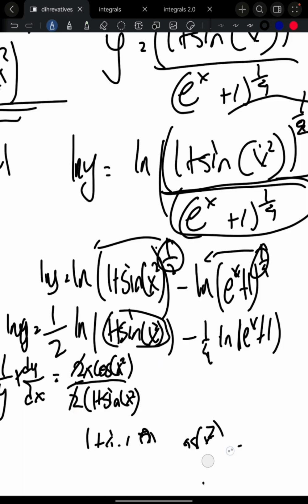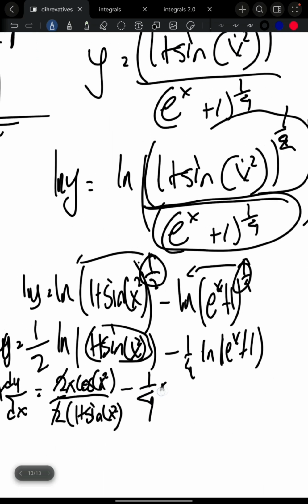And then you subtract 1 over 4 times the derivative. You put this in the bottom, so 1 over e to the x plus 1, times the derivative of e to the x plus 1. The derivative of e to the x is just e to the x, so e to the x here.